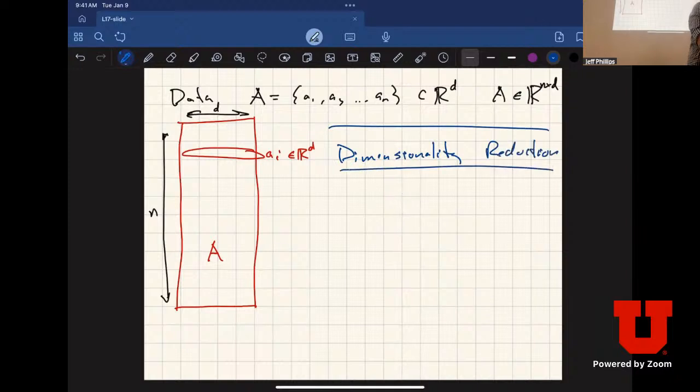We are going to want to be in one of two settings with the data matrix. One setting is that each column has the same units, and these are comparable.